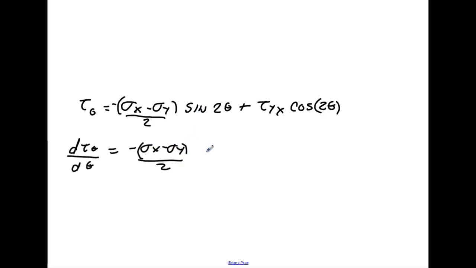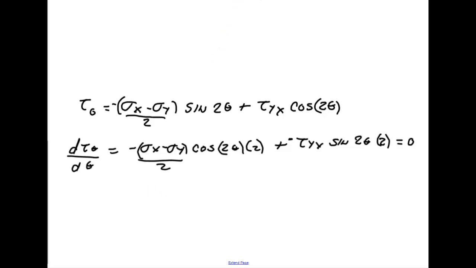The derivative of this will give me the cosine of 2 theta times 2, doing the chain rule, plus on this the shear, and that's going to give me a minus the sine 2 theta times 2. Okay, and we're going to set that equal to 0.